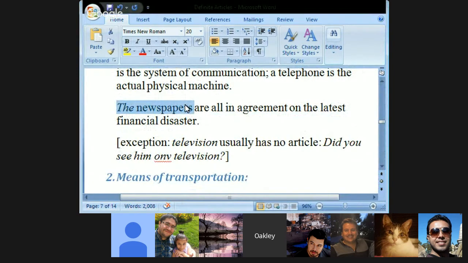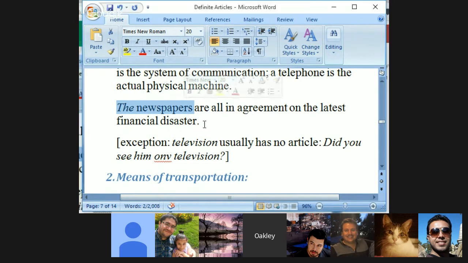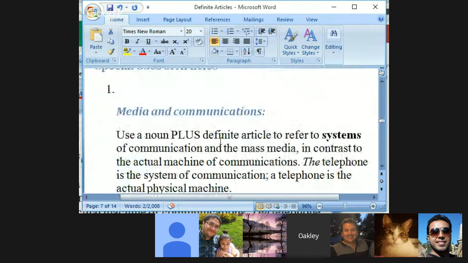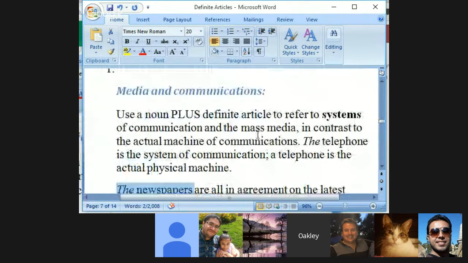Carlos, you're mentioning printed newspapers, and that's different than your general reference to newspapers in the first sentence. You're getting ahead of us here, but that's okay. You're getting ahead of us because this is one of the, unfortunately, many weird exceptions to using "the". You can use "the" in the first mention of the newspapers, the telephone, the internet.